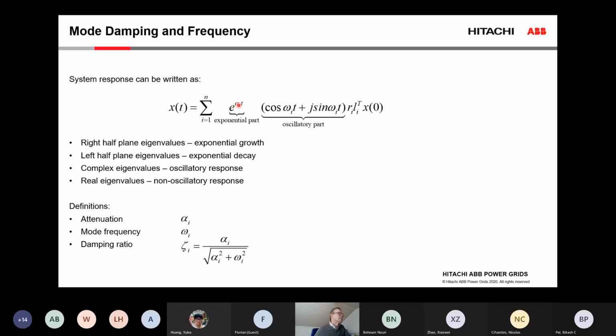If you end up with an exponent alpha I that is positive, it means that this part is exponentially growing, and you have something that is going unstable. If you have a complex eigenvalue where the omega is non-zero, it will also be an oscillatory instability, and these are the resonance frequencies that are given by the imaginary part of the eigenvalues.